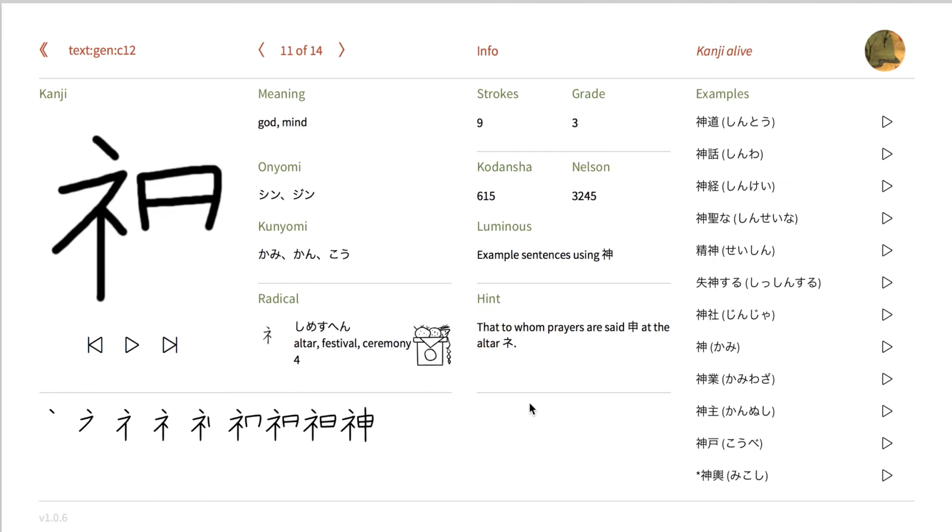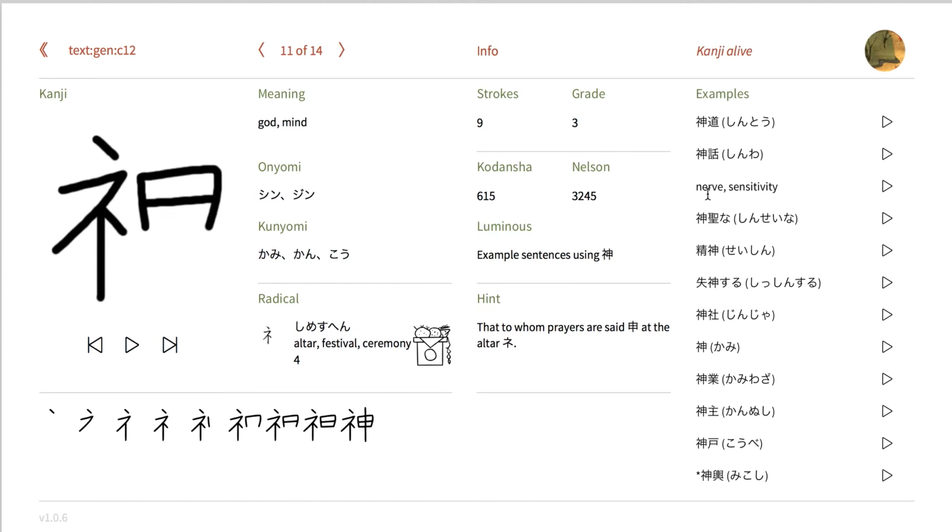Let's see what they have, the same as the book. They have kamisama, which is how you address gods. Jinja, Shinto shrine, or literally God's company. Company as in place of work. Shintō is the Shinto religion. Shinwa, mythologies. Seishin, nerves or mind or spirit.